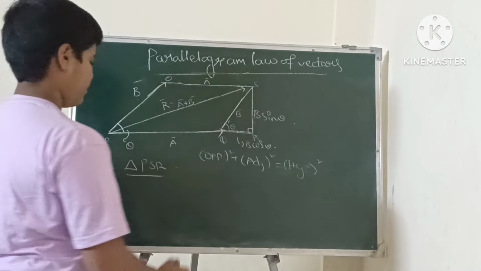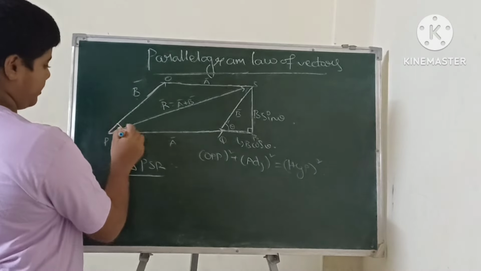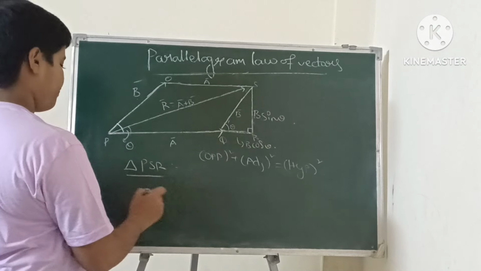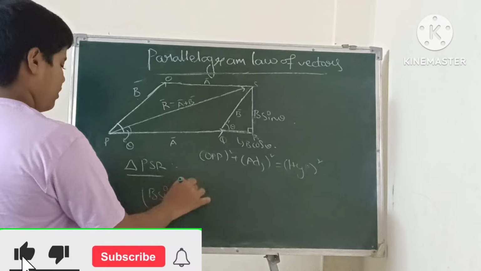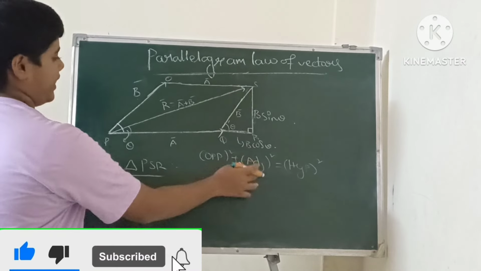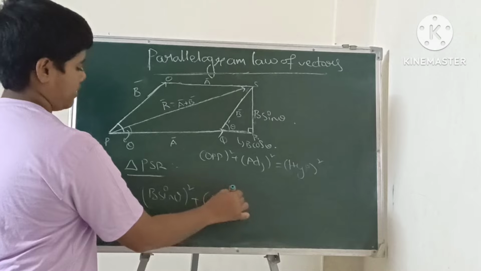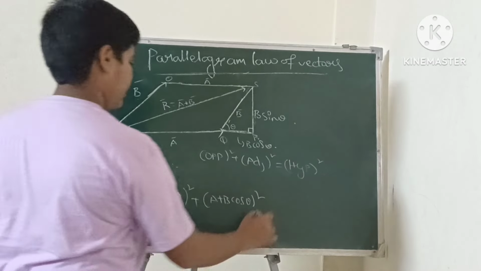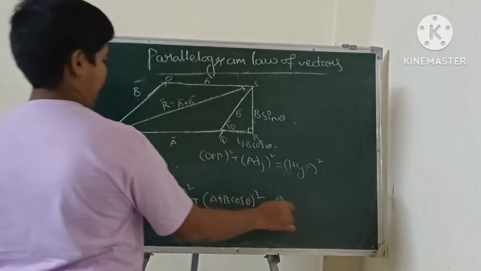So the opposite side of theta is B sin theta whole square plus the adjacent side is A plus B cos theta, which means A plus B cos theta whole square is equal to the hypotenuse, R square.